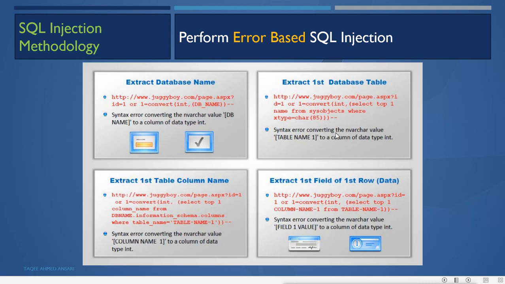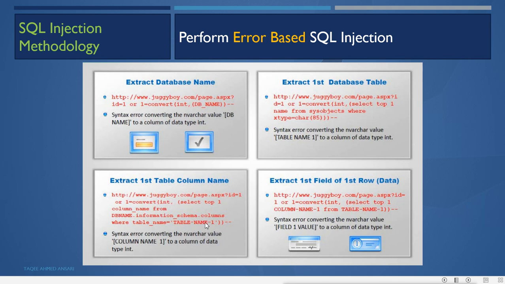Syntax error converting the nvarchar value table 1 to column of data type int. Extract first table column name: here it will run this query, using OR to combine the query, and it says 1 is equal to convert int, select top 1 column name from database name information schema columns where table name is equal to table name.